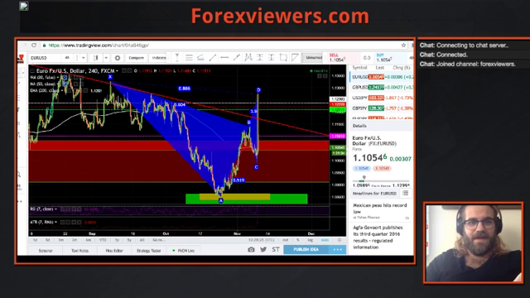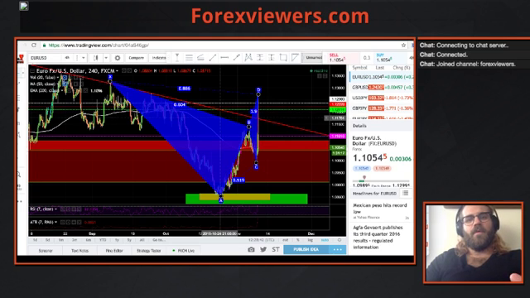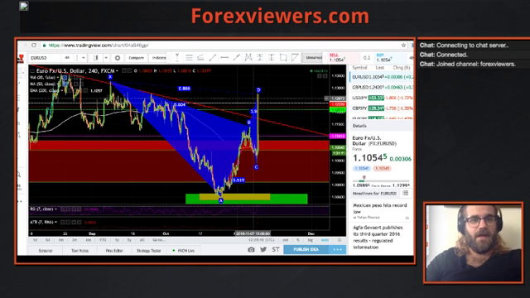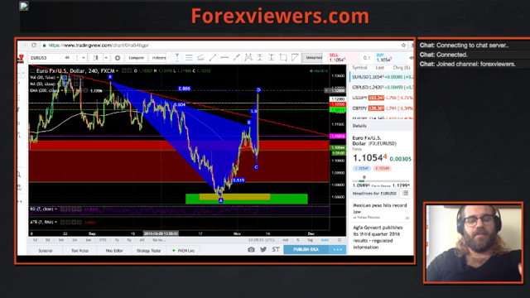So this fancy drawing here, I don't know what to call this, I guess it looks like a bat. That's why they call it a bat pattern. But that doesn't mean anything. It's just a visual thing for me and others who trade these patterns to see that there's actually a pattern there. But it's nothing more than a combination of Fibonacci, structure, support, and resistance.